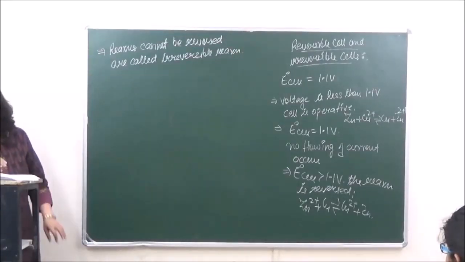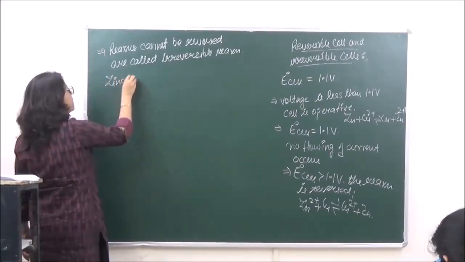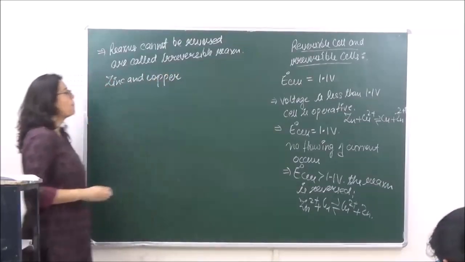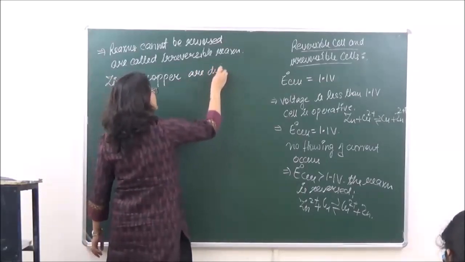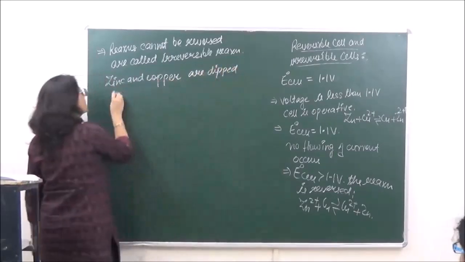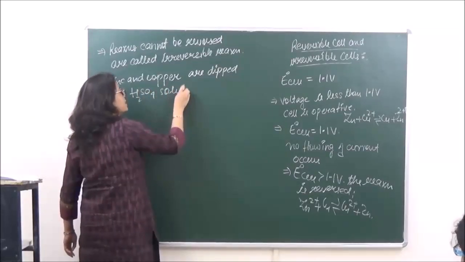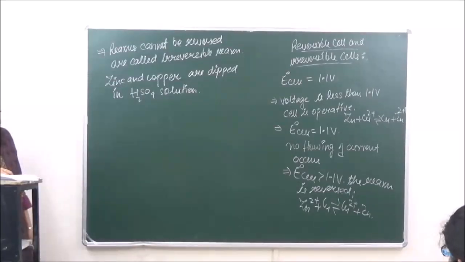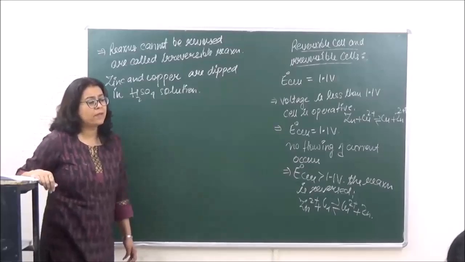Like for example, we have zinc and copper. Both of them are dipped in H2SO4 solution, aqueous H2SO4 solution. Such a cell that cannot be reversed, so this cell is known as irreversible reaction. Clear?